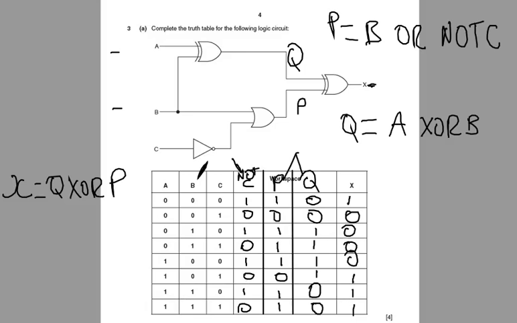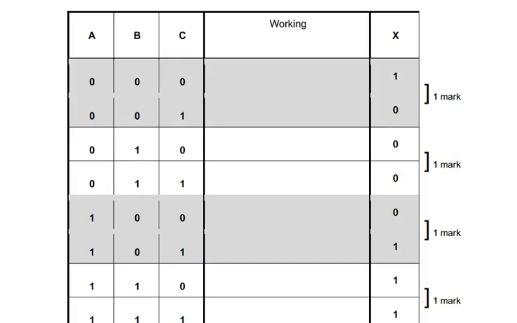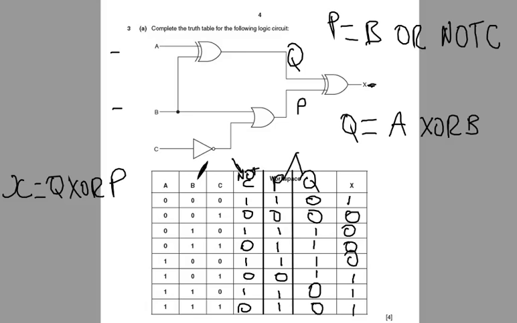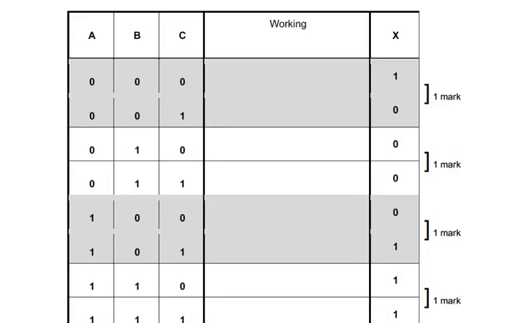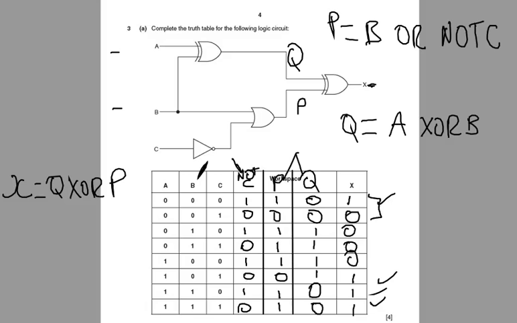Let's check that against the mark scheme. Yep, we've got the first one and the last 3 as being a 1, and that's right. We're getting a mark for every 2 rows that are correct, so that's 4 marks.